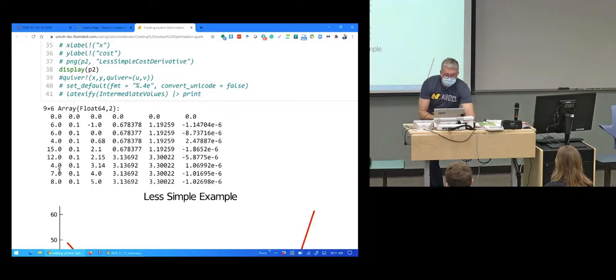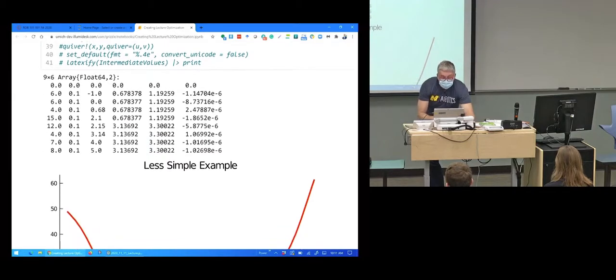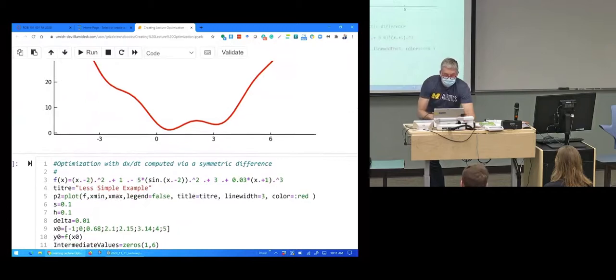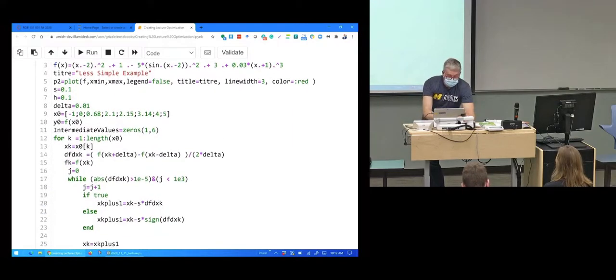It didn't take very many at all. And this is the value of the derivative. So it all converged quite nicely. And they all converged to either 1.12 or 3.3. So 1.12, we got lucky, that's the global minimum, and 3 something, that's the other local minimum. Okay?